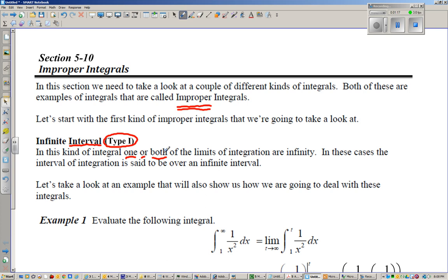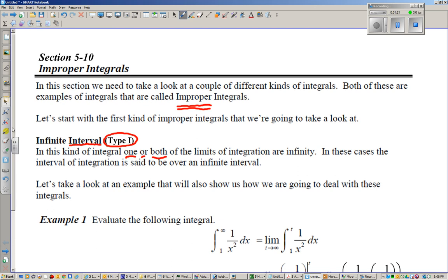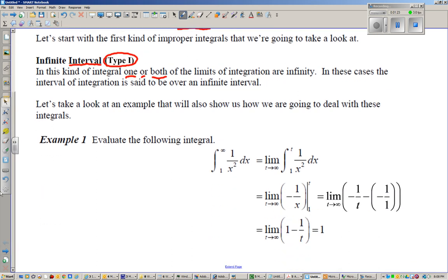And example 1 is sort of the typical problem here. And notice, type 1s are easy to spot because either the upper limit or the lower limit or both are going to involve an infinity. And of course, if we simply calculated the antiderivative, it'd be difficult for us to put in infinity. In fact, impossible.